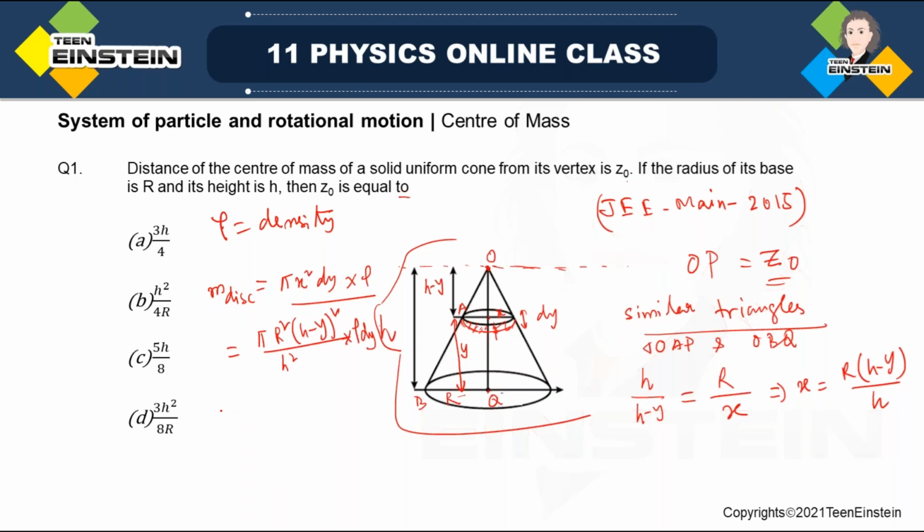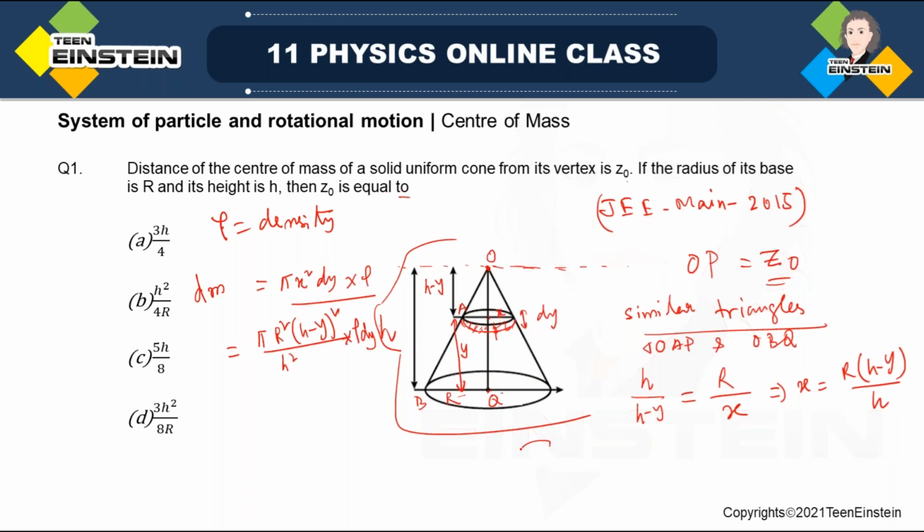From here, I would not say m disk, let me say delta m, because I have taken a thin element of the cone as a disk. If I continue to grow the radius all the way from 0 to capital R, then I would get a cone like this.